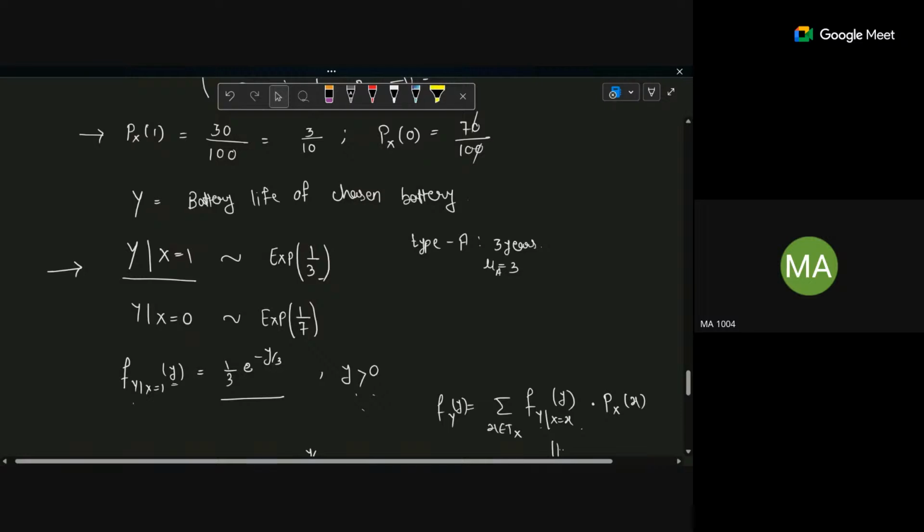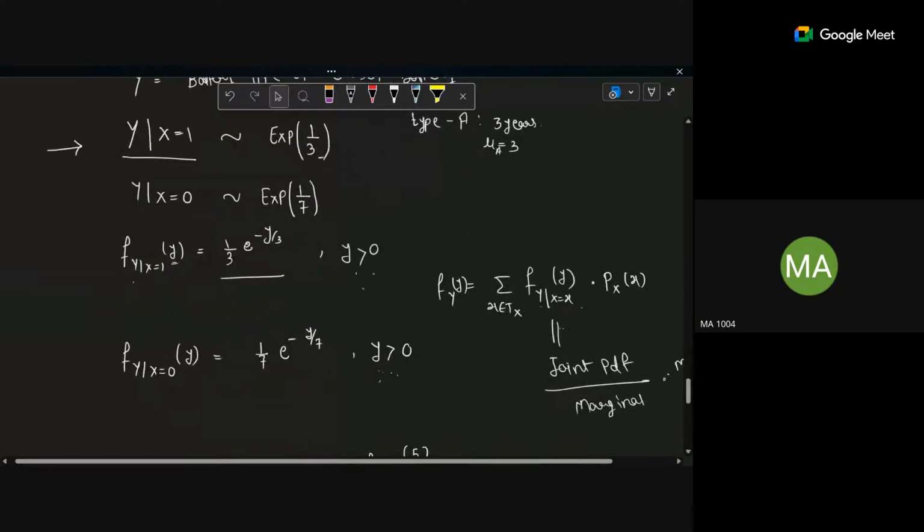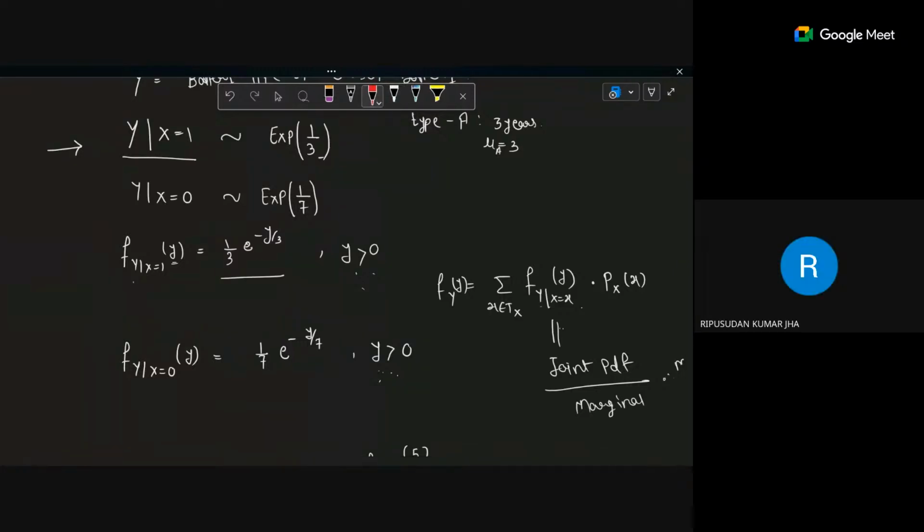So we came up with the situation that if a type A battery was chosen, then its lifespan will follow the exponential distribution with lambda equal to 1 by 3. So we got to know about the PDF values of lifespans, right? And we have been given a value of lambda, 1 upon 3 and 1 upon 7. Actually, we have been given the average lifetime. That means the mean was given to you.